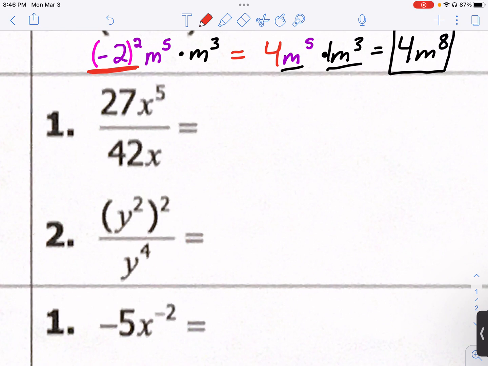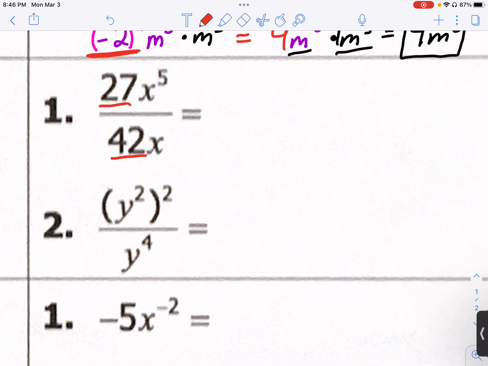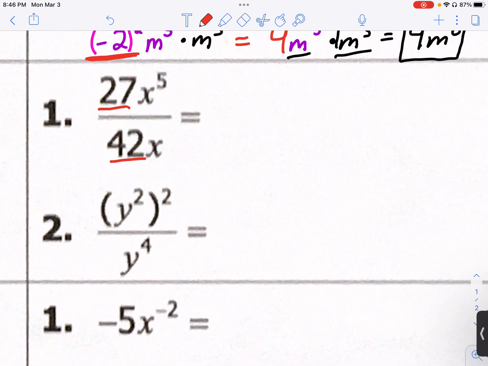If you have a calculator, that would be a great time to use it. Let's see. So I'm going to divide 27 divided by 42. For both of these guys, I'll get a decimal, and if you can use the fraction button, I would recommend it. Or if you want to go old school, we try to see what goes into both of them.